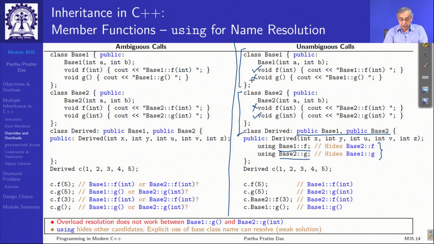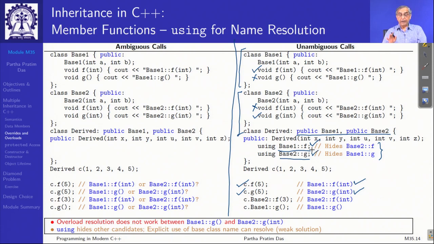Right. So, now if I do C dot f, then I will call base 1 colon colon f, because I am using that. If I do C dot g, I will get base 2 colon colon g, because I am using that.